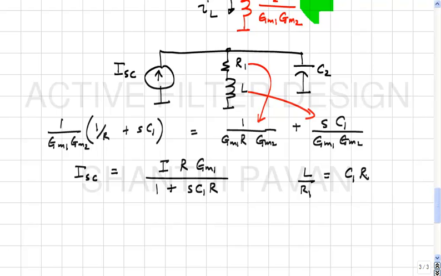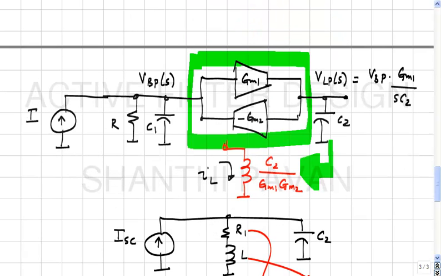Why do you think it makes sense that the time constant or the pole remains at the same frequency? What I am saying is, before you put the gyrator, the admittance or the impedance had a pole at 1 by RC1, which is nothing but the time constant.